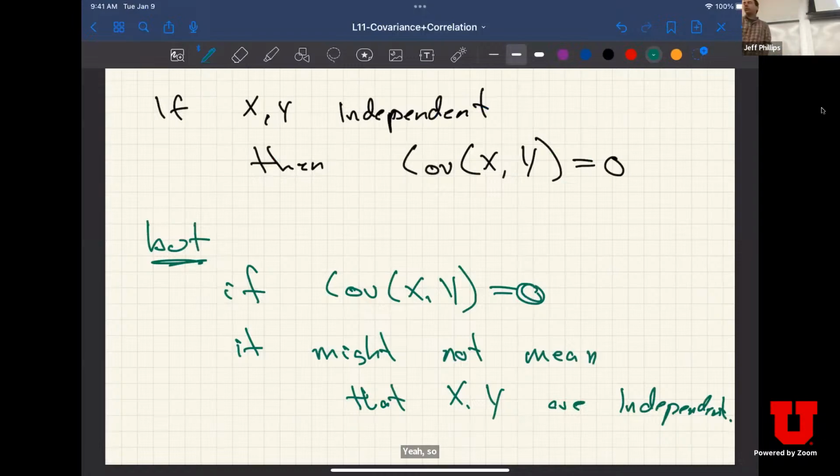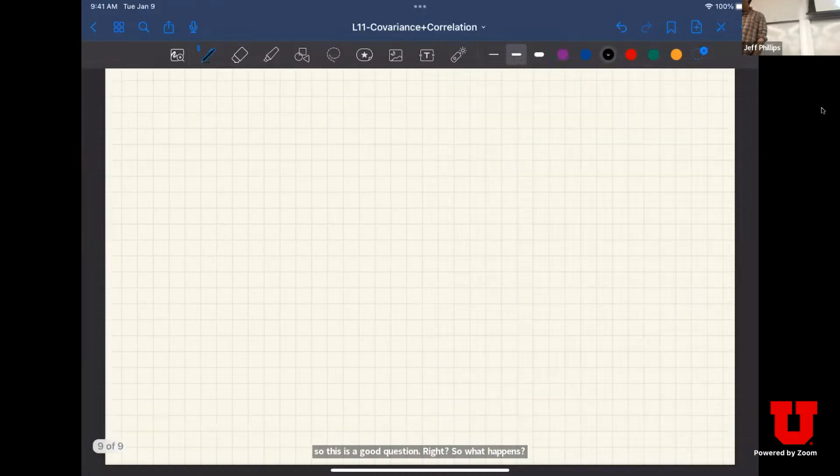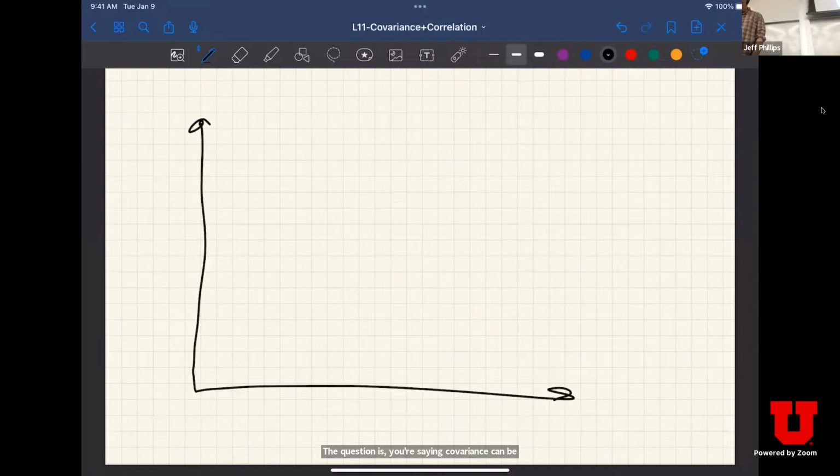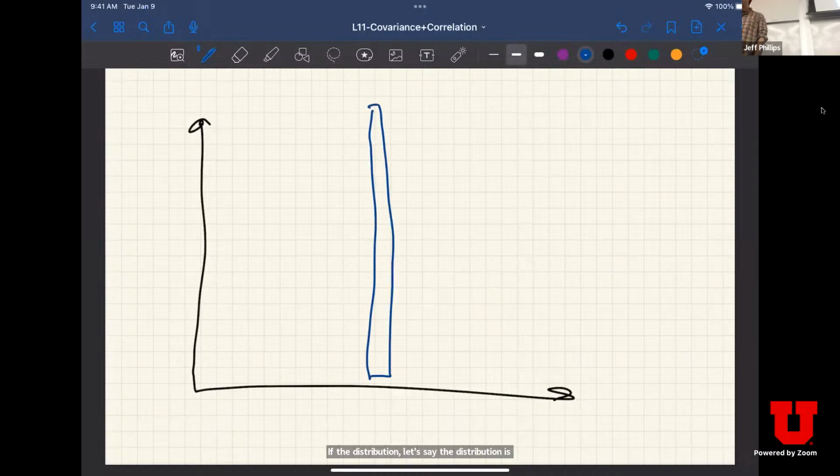Yeah, so this is a good question, right? The question is, you're saying covariance can be 0 if the distribution, let's say, is uniform f of x, y.